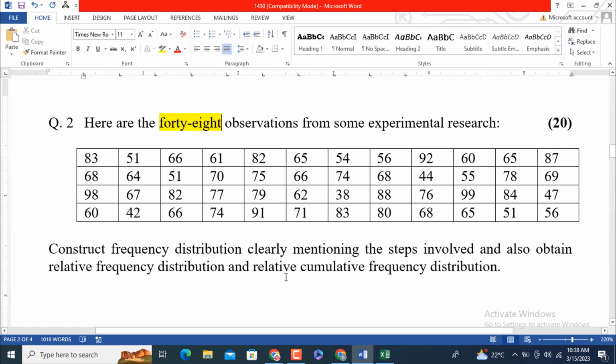There is no need to graph, just prepare these three types of distribution: frequency distribution, relative frequency distribution, and cumulative relative frequency distribution in tabulated form. So let's jump into the Excel workbook to discuss the solution that I have already prepared for you.